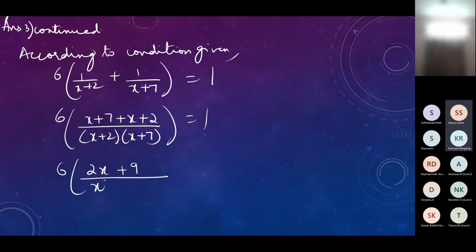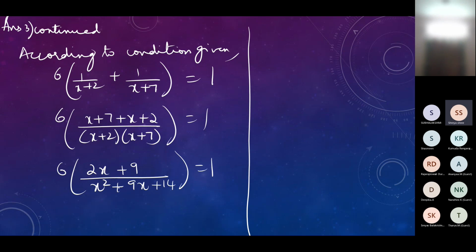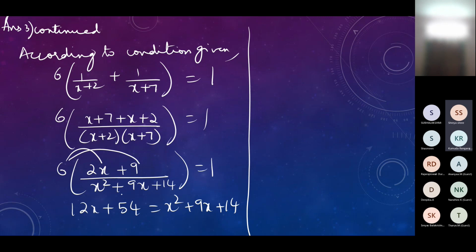When you multiply, you get x squared plus 2x plus 7x, so 9x, plus 14, is equal to 1. So now multiply: you get 12x plus 54, cross multiplied, is equal to x squared plus 9x plus 14.